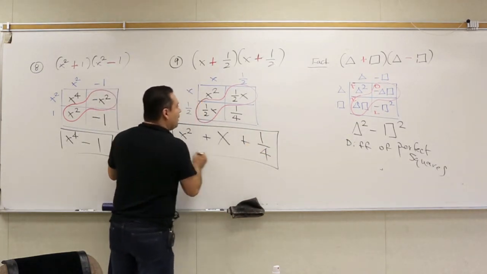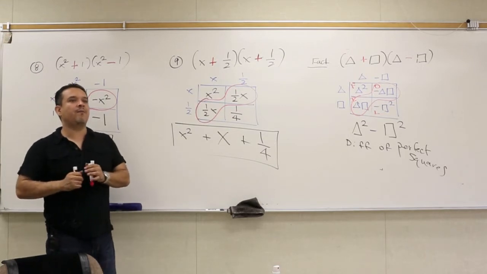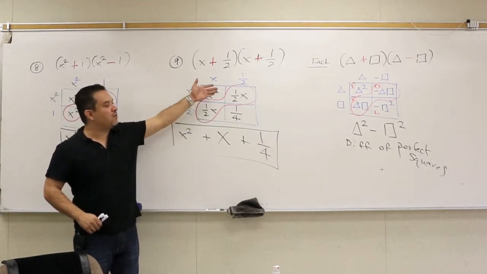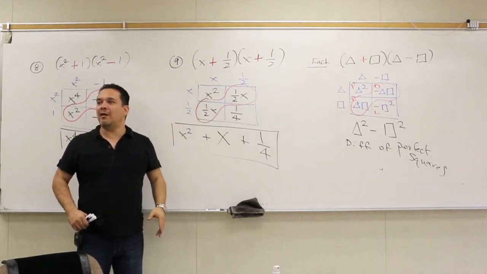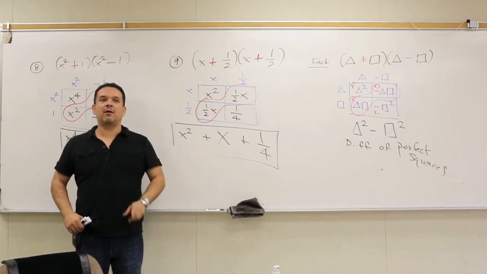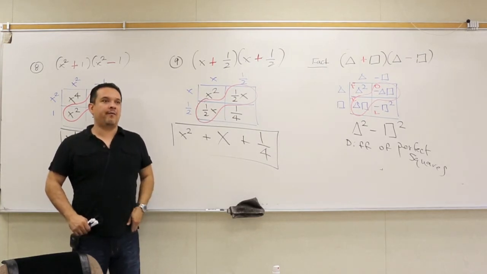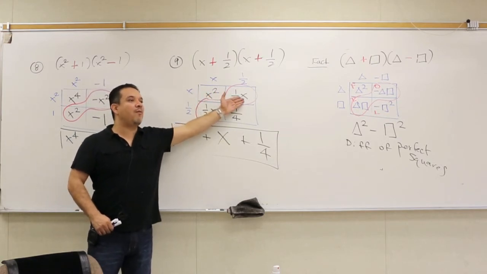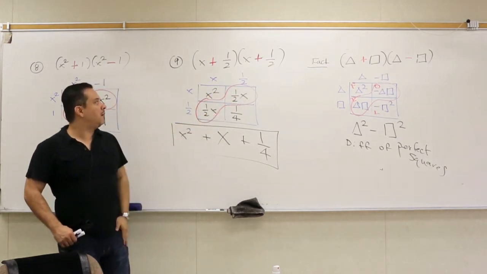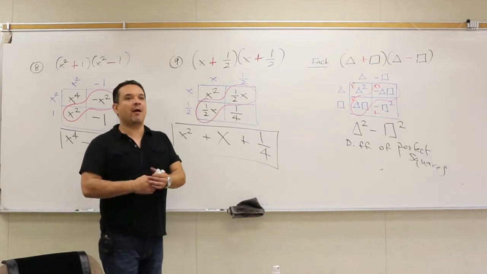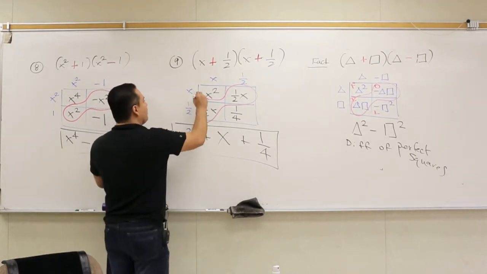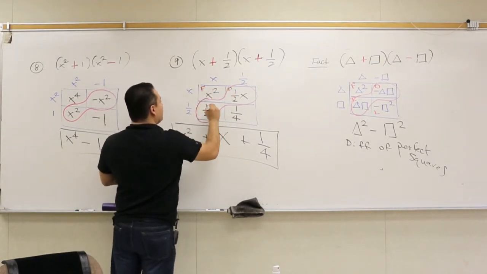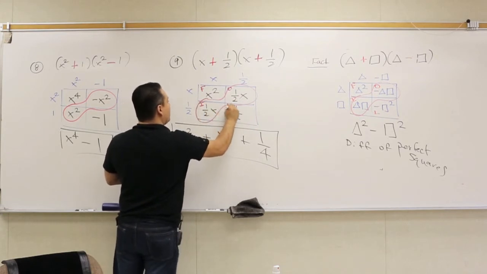Sometimes people don't think about this and go, 1/2 plus 1/2 is really what? 1. Half an apple plus another half of an apple makes a full what? Apple. Did your O and I terms go away? No. So you got your first term, outer term, inner term, and your what? Last term.